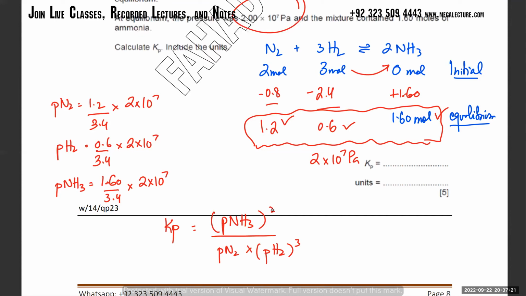So tell me what do you get? So for the pressure of nitrogen, it's 7.06 times 10 power 6.